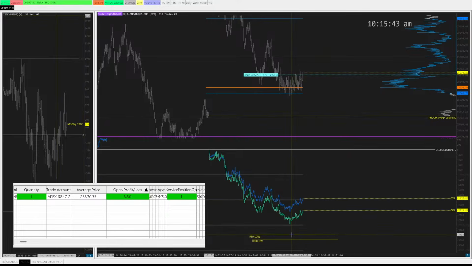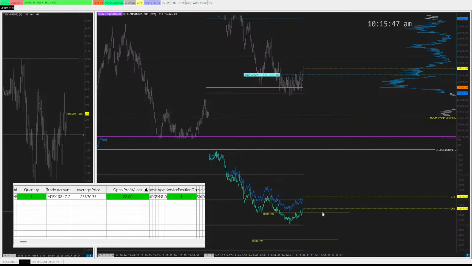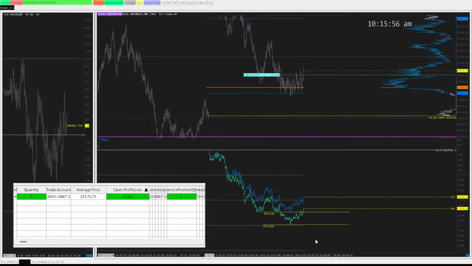So we might be a little bit long in the tooth on this way down here, but I'm not saying that it's going to absolutely reverse right here. What I'm trying to demonstrate is that you have to trade small enough that you don't worry about the position.